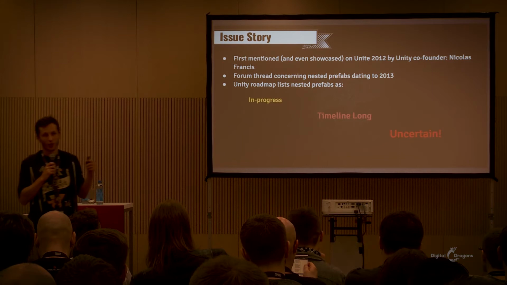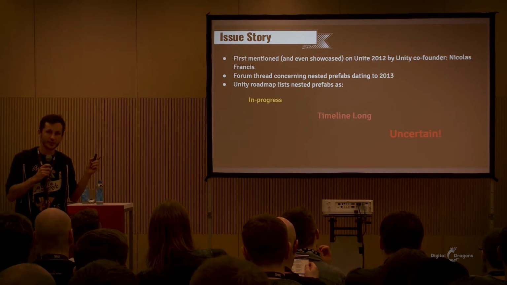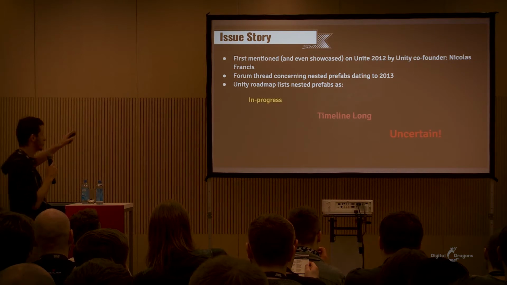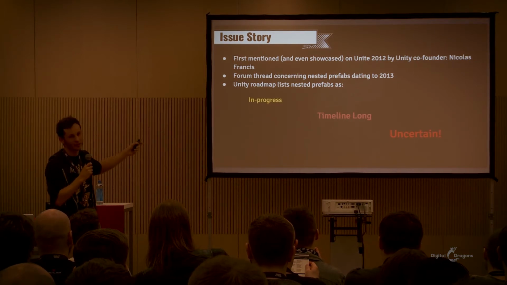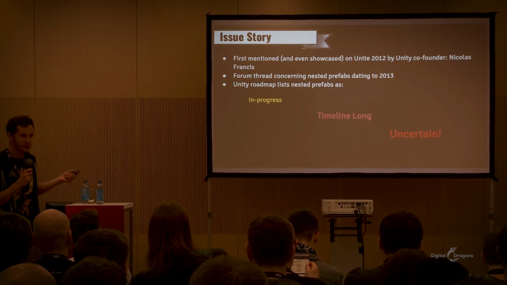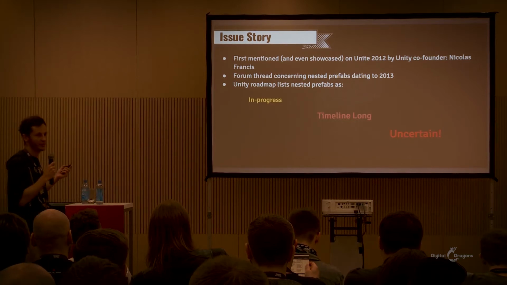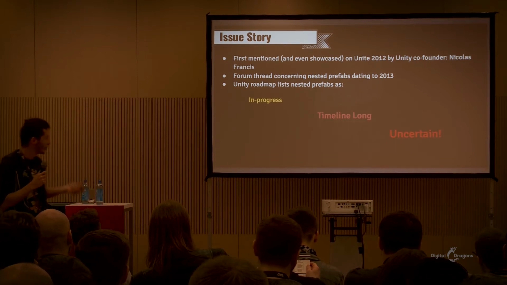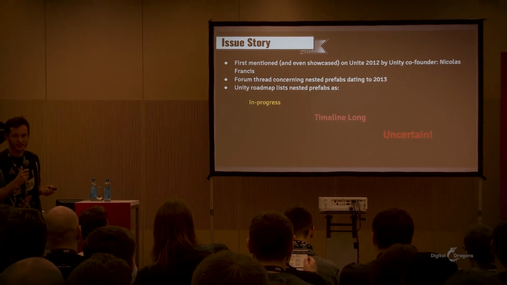On the actual Unity roadmap, nested prefabs are listed, but with the properties in progress, time and long, uncertain. So we really do not know if it will happen eventually. I hope so, but you never know. We have been waiting already 5 years.